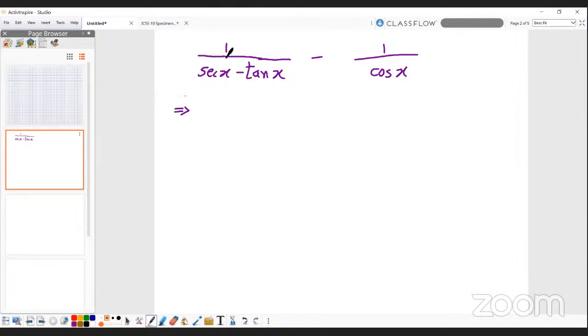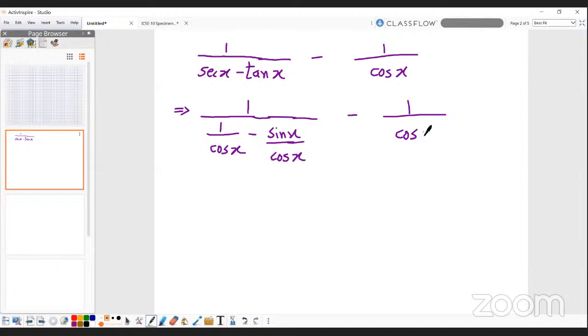Now sec can be written as 1 upon cos, tan can be written as sin upon cos, minus 1 upon cos x. So you will get cos x upon 1 minus sin x minus 1 upon cos x.